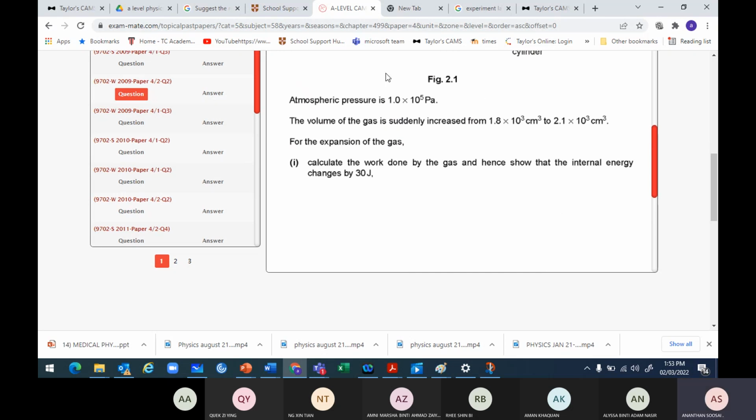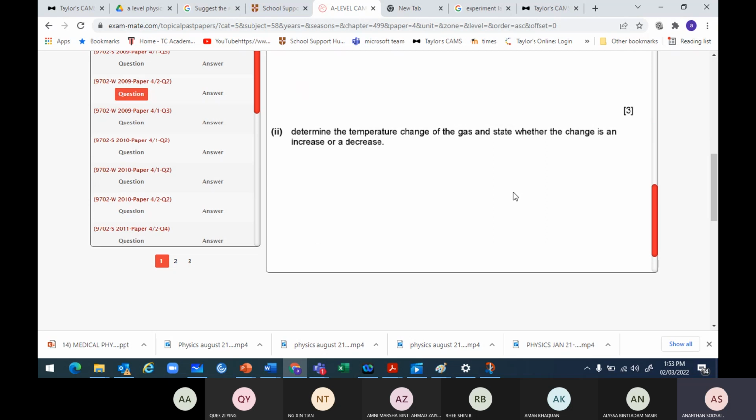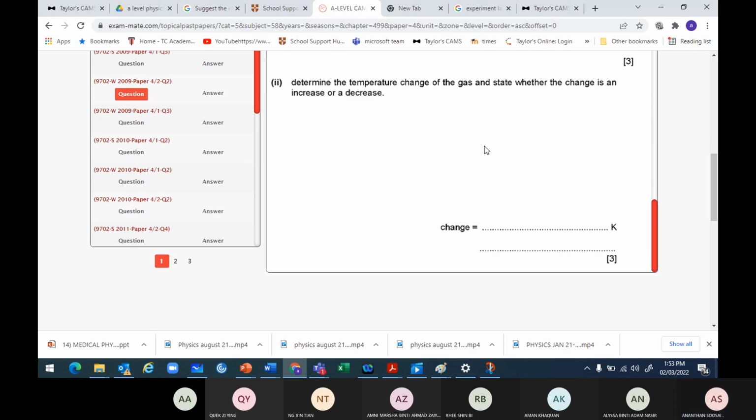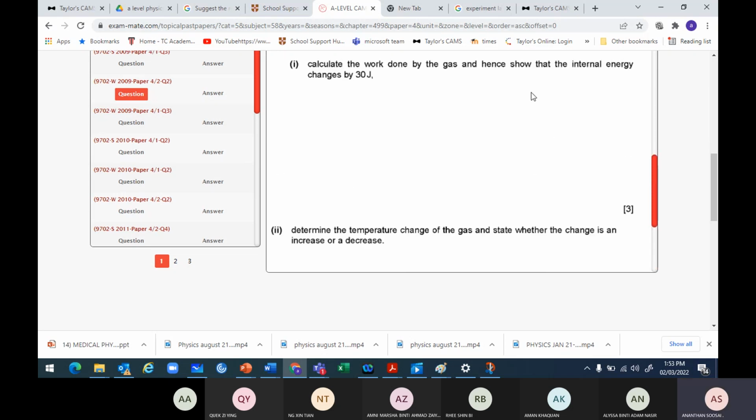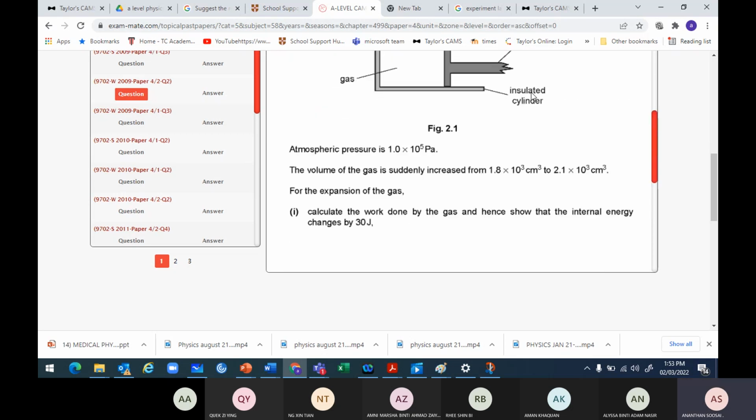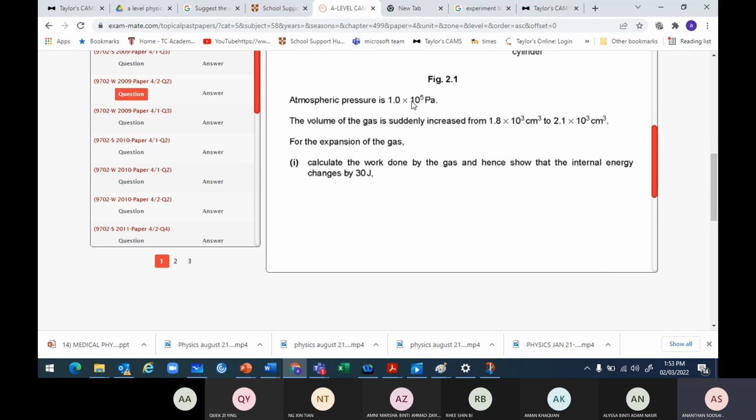PV, yeah. Pressure changes. Oh yeah, correct. Check whether the change is an increase or decrease. Oh yeah, PV equals nRT can only be used if it's a closed system. It's a closed system.